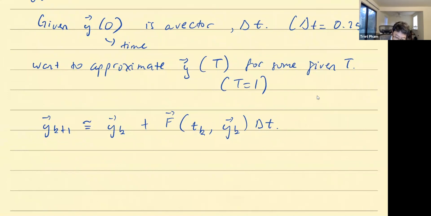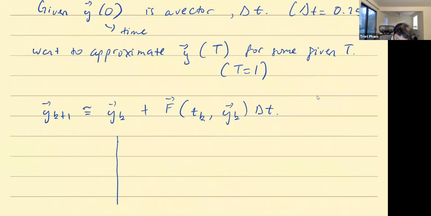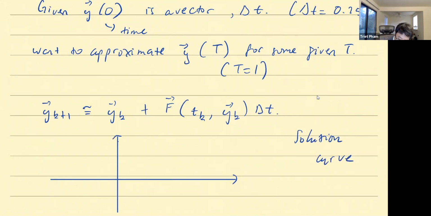If you want a more geometrical interpretation, it is exactly what you do with the solution curve. Here, I'll just do 2 dimensions. But let's say here is y2 and here's y1. You start out with the vector of the initial condition. This is y at time 0.